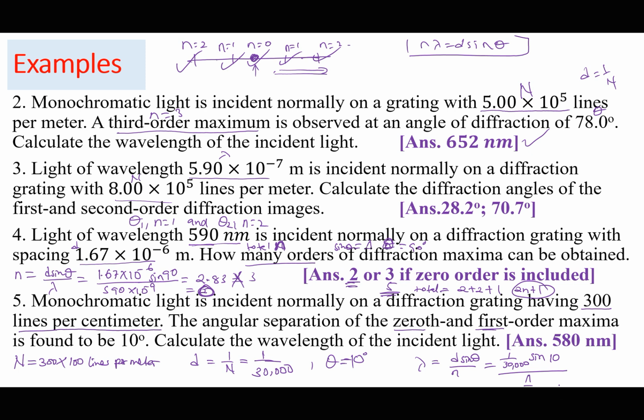So this is 5.79 times 10 to the power of minus 6, I think. Let me check it again. Sine of 10 divided by 30,000.